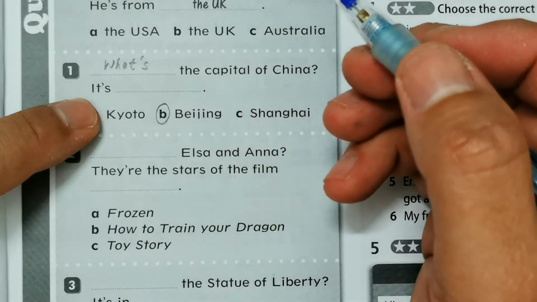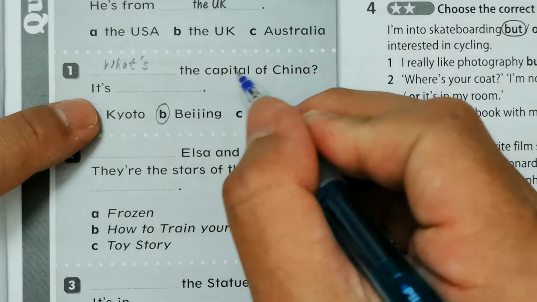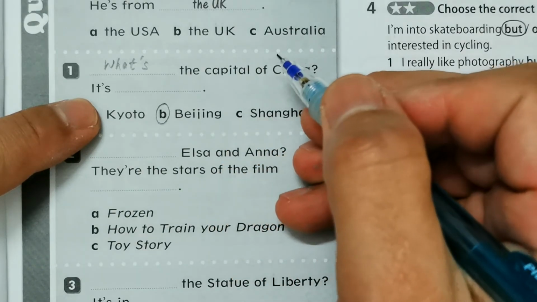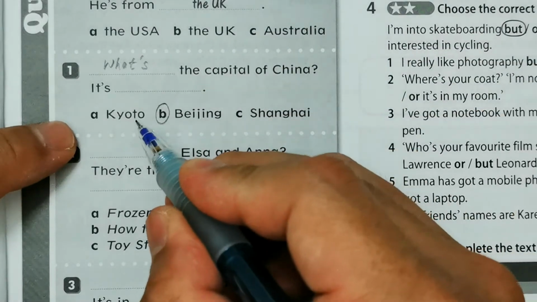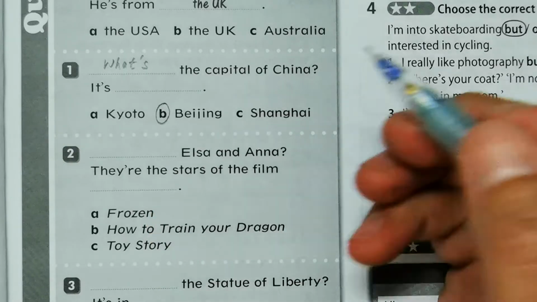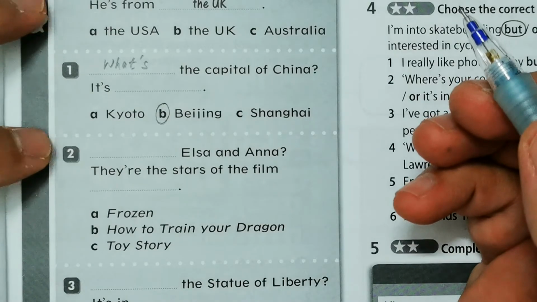So what's the capital of China? It's Beijing. So this question is asking just for the name, not the location. So Kyoto is a city of Japan. So Shanghai, just now I already mentioned, is another city from China.